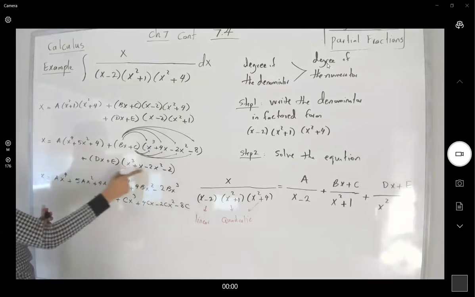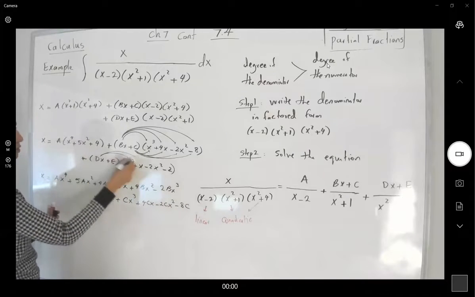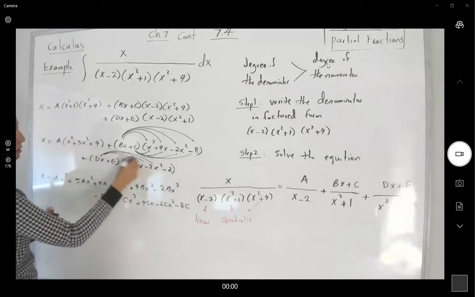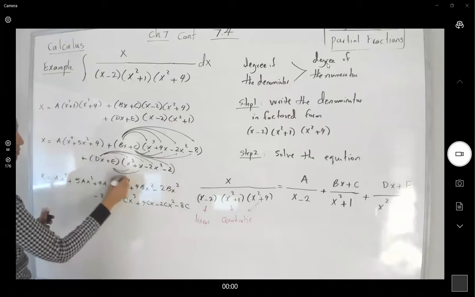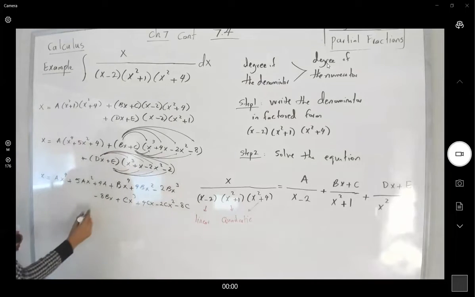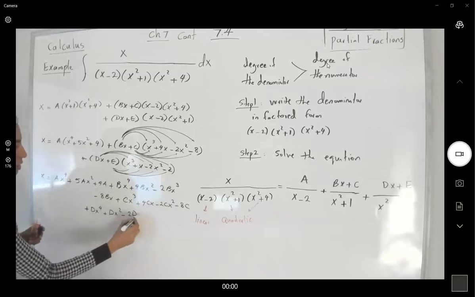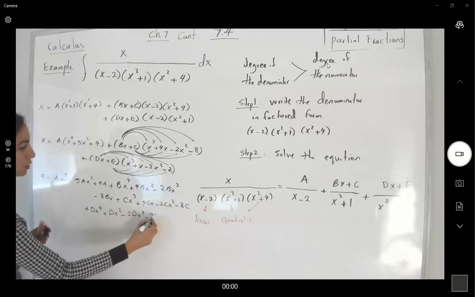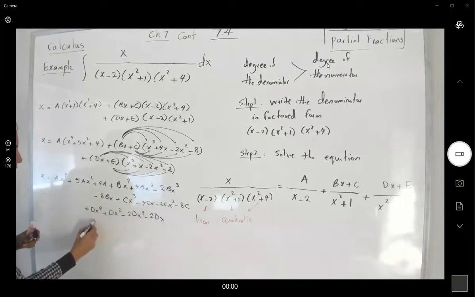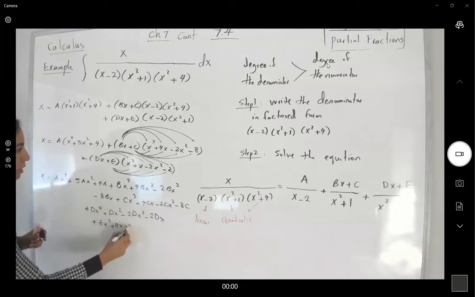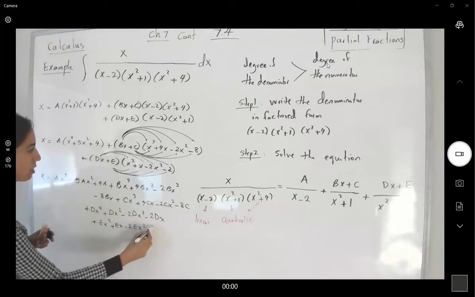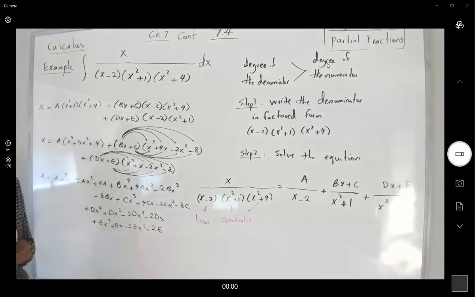And now we're going to do the same thing for dx and e. So here we have plus dx to the 4th plus dx squared minus 2dx cubed minus 2dx plus ex cubed plus ex minus 2ex squared minus 2e.